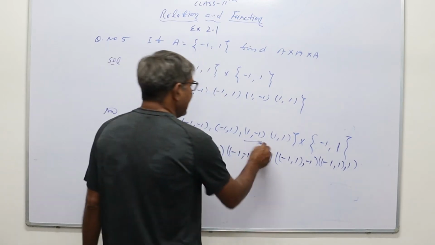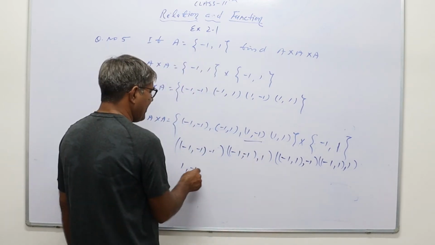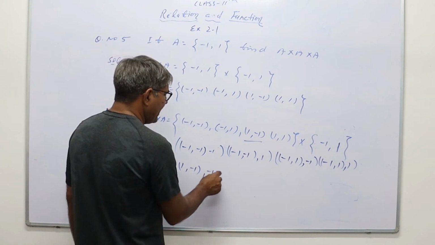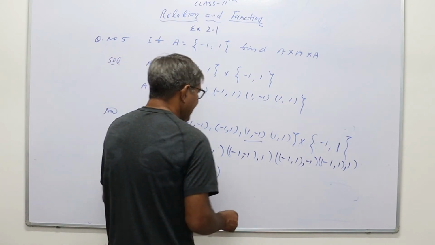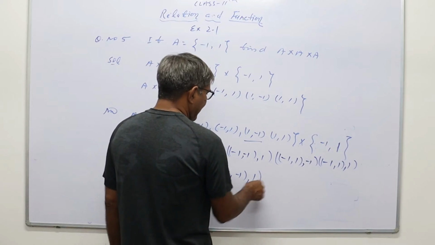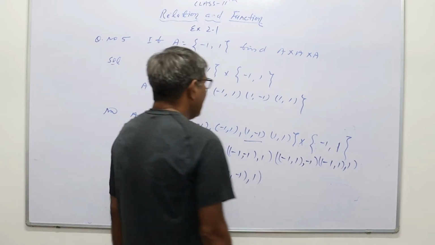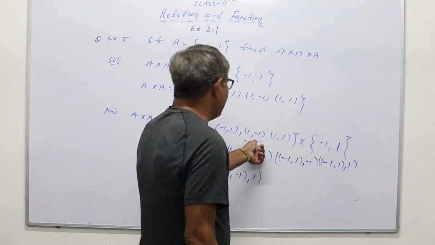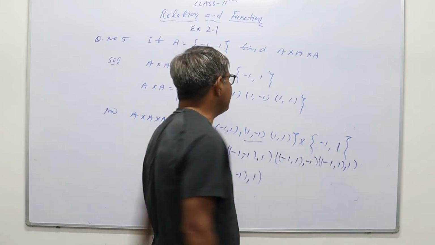Then with the third element, ((1, -1), -1), then ((1, -1), 1).